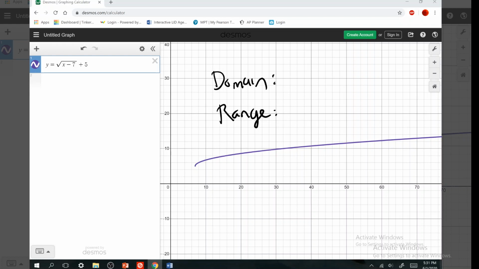So if you remember, domain is the x values our graph goes through, and range is the y values our graph goes through. Now, the x values our graph goes through: it starts at 7. So it starts at 7 here. And then its x values keep going on until we get to infinity. Like it goes on forever.